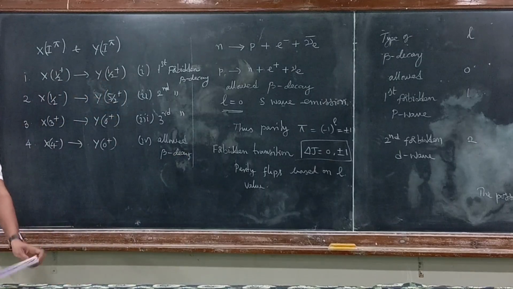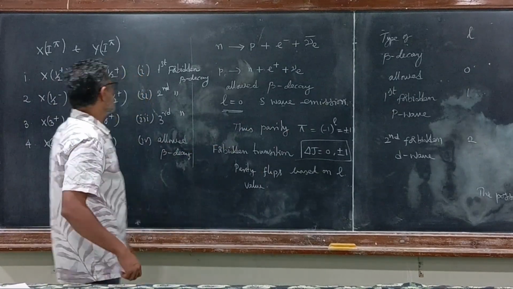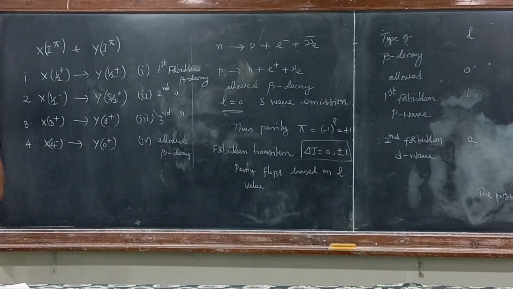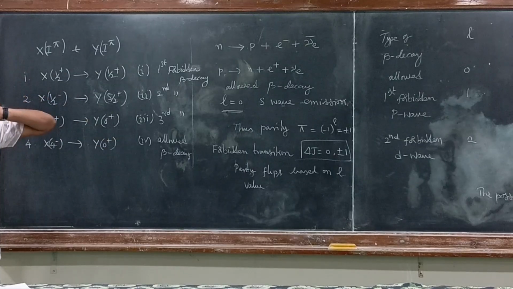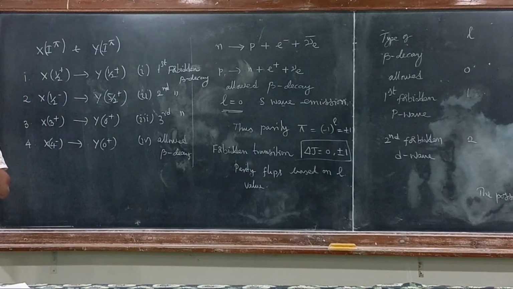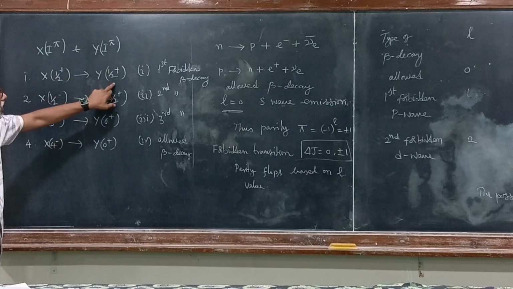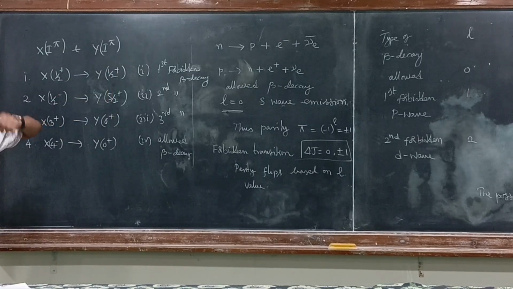So from this condition that we give, can you identify which option is correct? One goes to 4, one goes to 3, whatever the combination might be given the answer. Now let's look at them one by one. Let's say X 1/2+ goes to Y 1/2+.